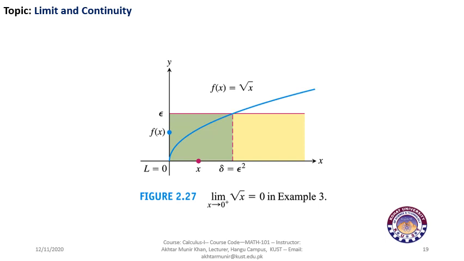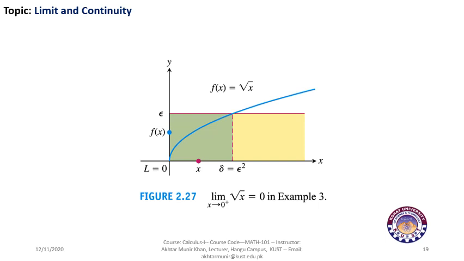So for this purpose we will use only those values which lie to the right of x equal to 0. The limit of this function at x equal to 0 is 0, so we denote it by L, and L is equal to 0 for this function, the square root of x. Now suppose we choose an epsilon which is strictly greater than 0, a positive real number.